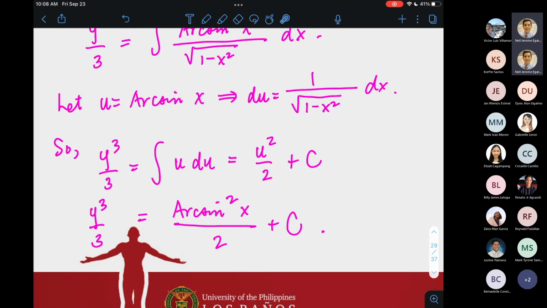Kasi pag sinulat mo na siya na y equals square root of something, you're saying that y is always positive. But there could be cases dun sa implicit form na si y ay posibleng maging negative, right? So be extra careful kapag even yan, better not to take square roots or take fourth roots or sixth roots. Pero kapag odd lang naman yan, yung pagkuha naman ng odd roots ay hindi nakakabago dun sa domain o dun sa range, so safe na kumuha ng odd root.